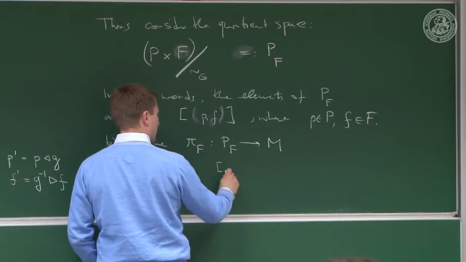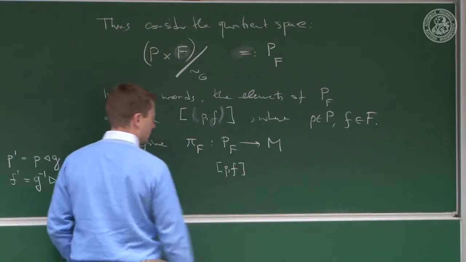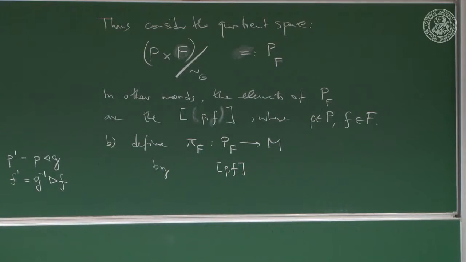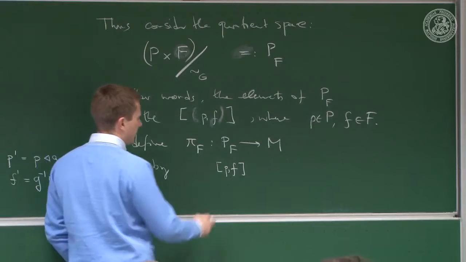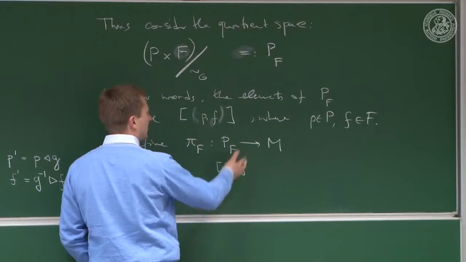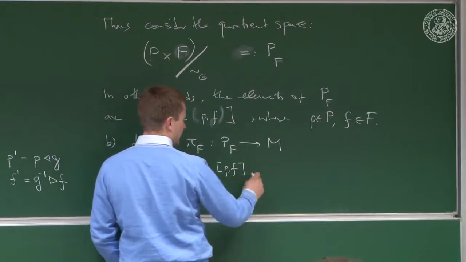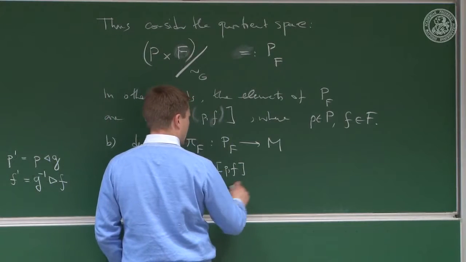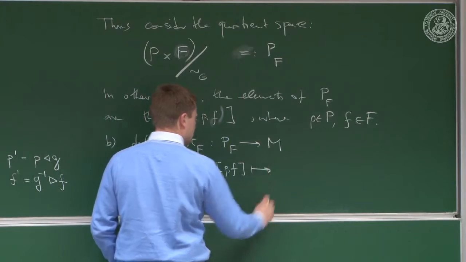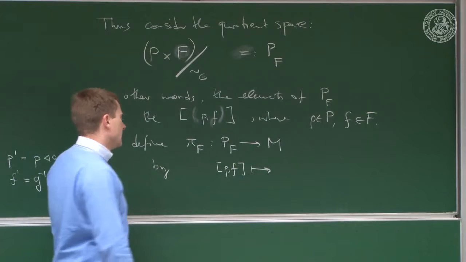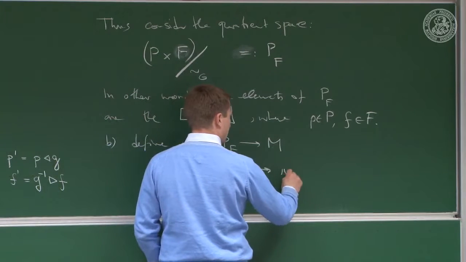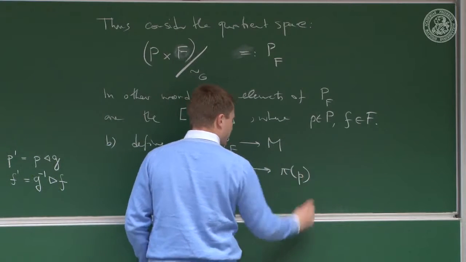So we take an element of this associated bundle, which we understand as an equivalence class of a pair of elements from the principal bundle and the fiber, this being the identification under G, and we send this by this map pi_F to the point in M that we get by pi of p.